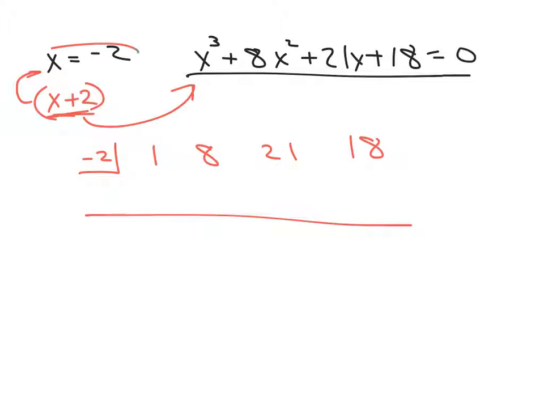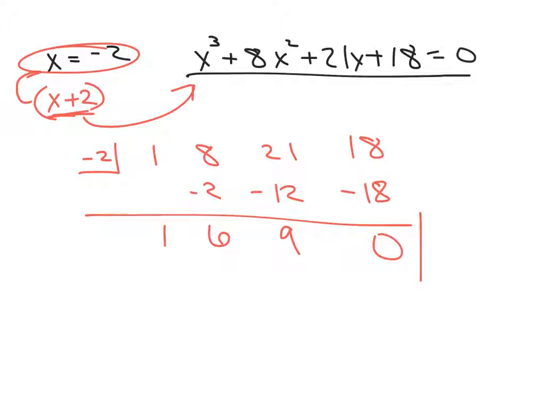Let's see if this is actually an answer. Because I got 0 here at the end, I don't care what this stuff is. It doesn't really matter at this point. All I wanted to do was see if I got a remainder. I did not. So therefore, -2 is an answer here, and x plus 2 is a factor of this.